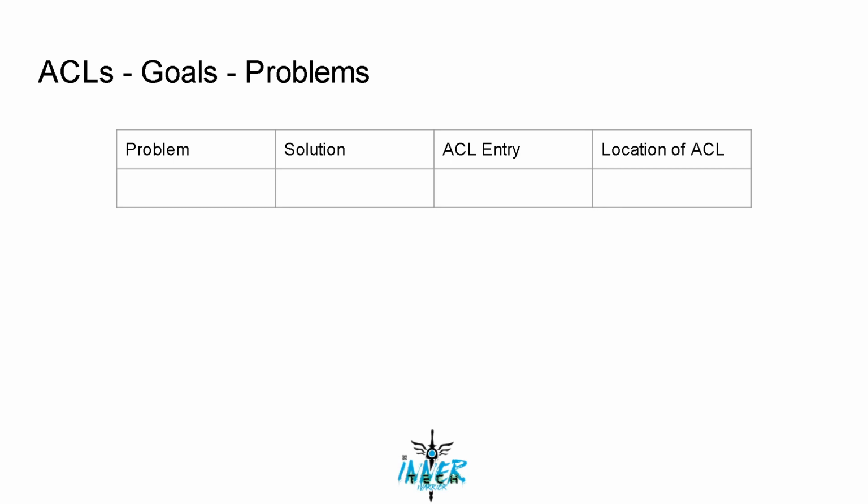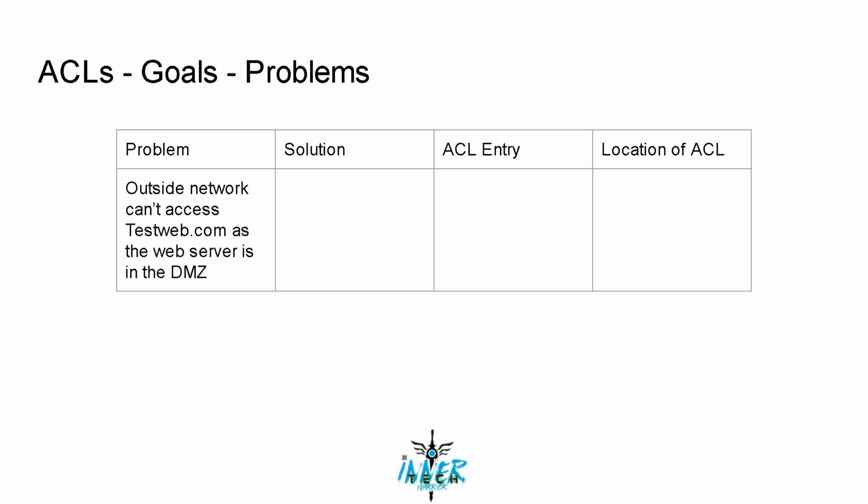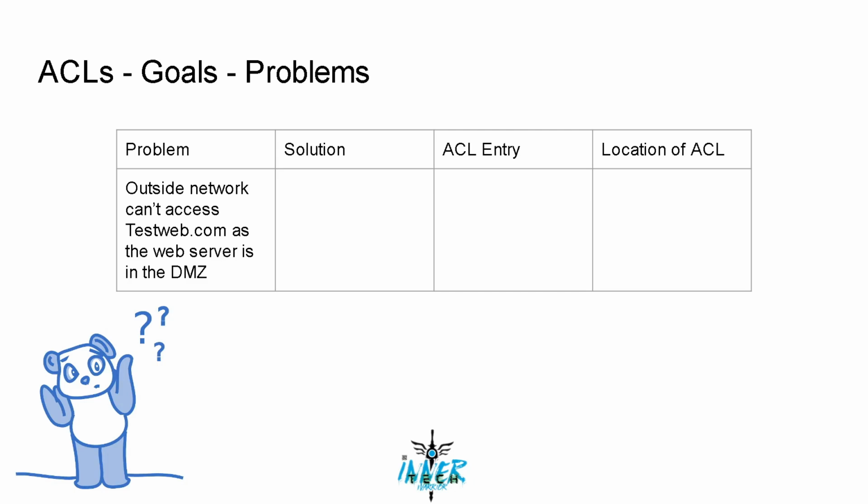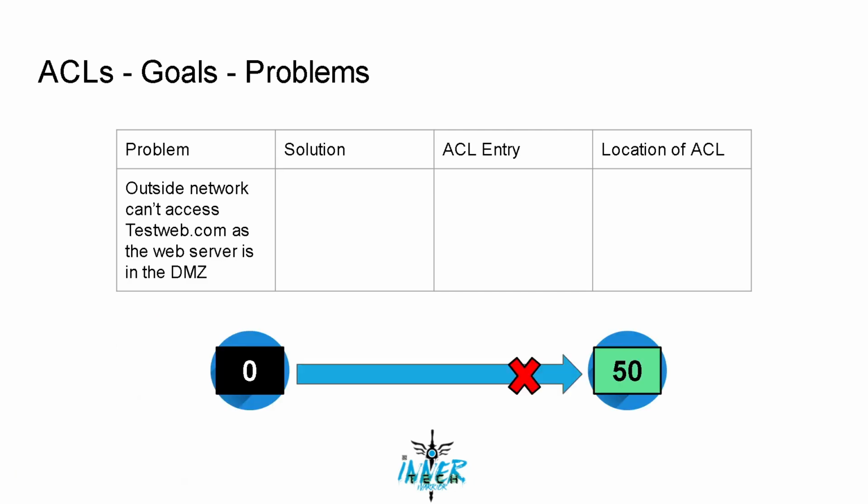Okay, what's the next problem? Problem 2 is that the outside network won't be able to access the testweb.com web server in the DMZ. Why? Because, as we mentioned before, security level 0 can't access security level 50.